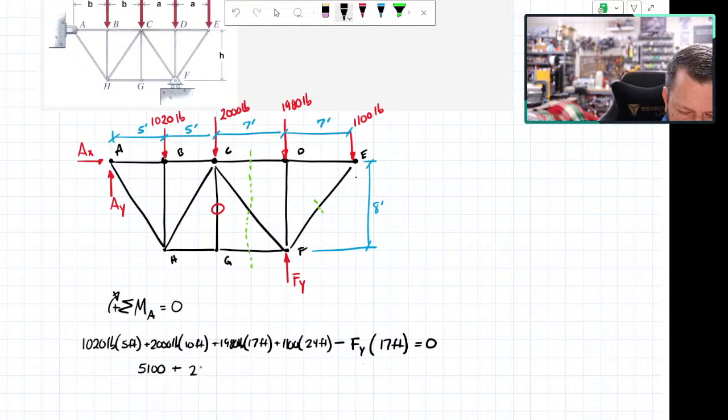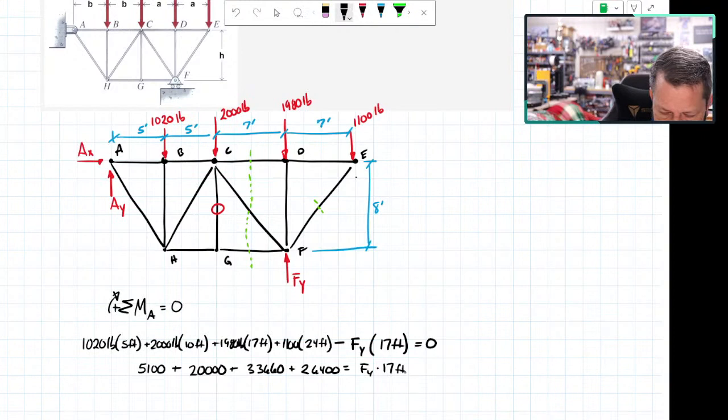Now we've got 20,000. I don't know this one. 1980 times 17. 33,660. 26,400. Minus Fy, well, let's just go ahead and put equals Fy times 17. I'll put feet on there.